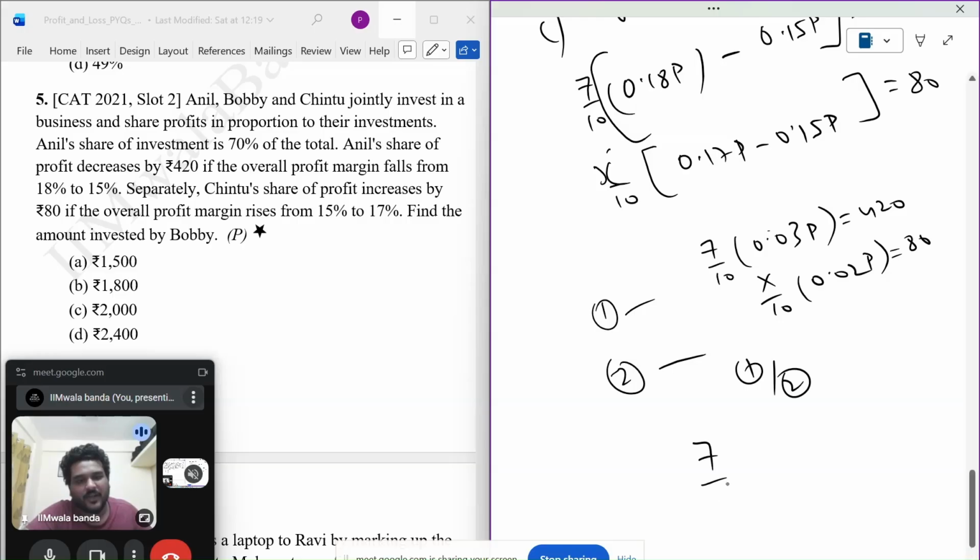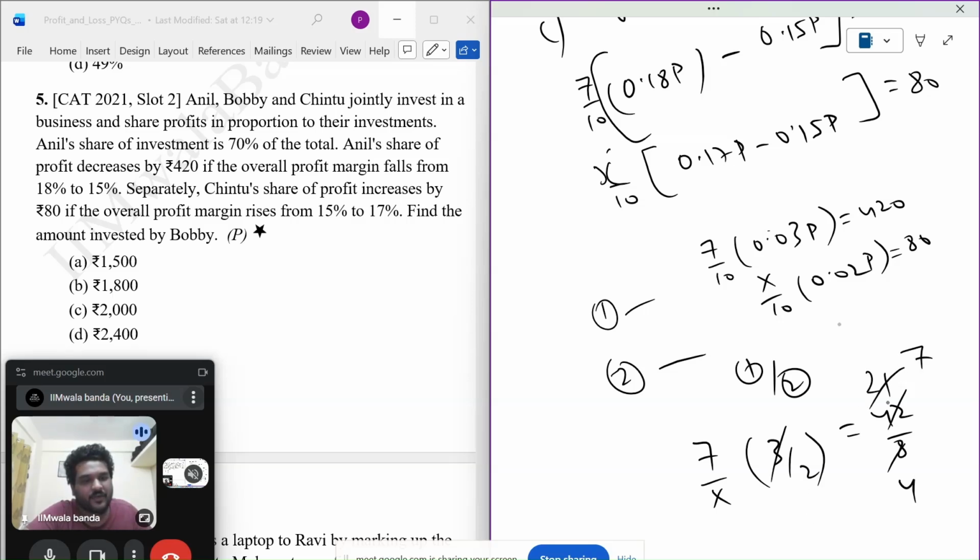So 7 upon X, 10 and 10 will get cancelled, p and p will get cancelled. In fact, those two zeros will get cancelled. 3 by 2 is 42 by 8. 8 5s are 40. So 21 and 4. 7, 14, 21. 2 2s are 4. 7 and 7 got cancelled. So I'm on the right path. X is basically 2.